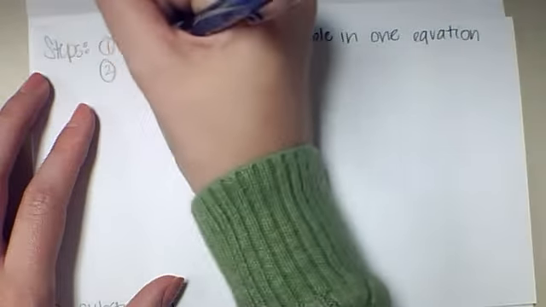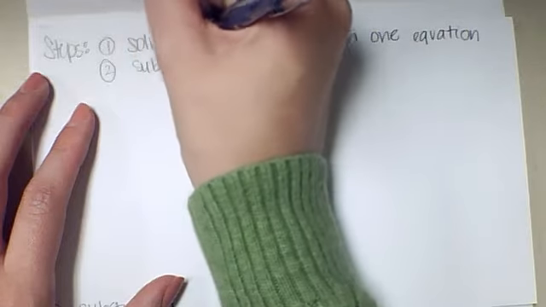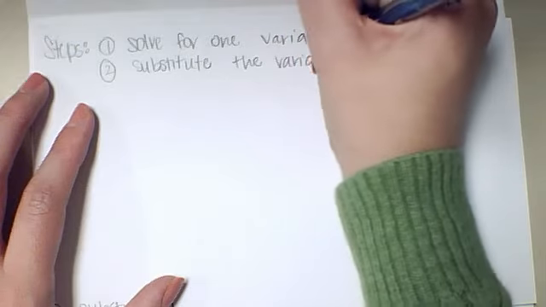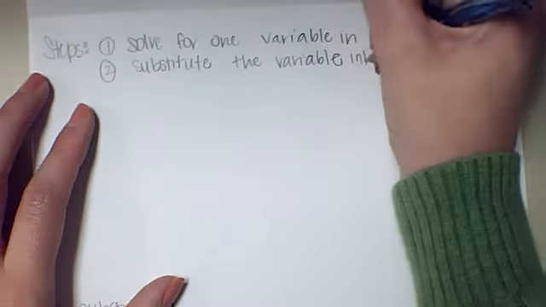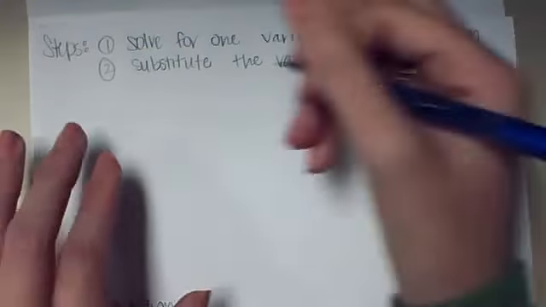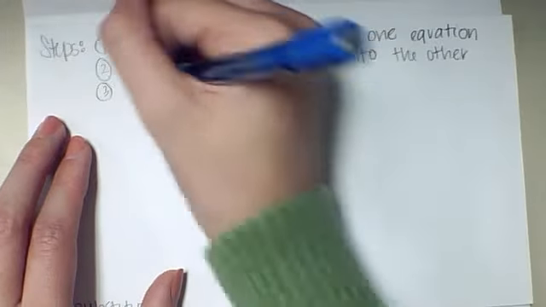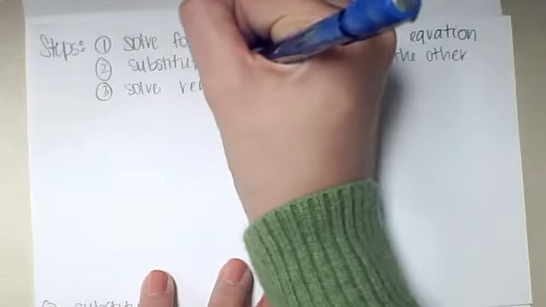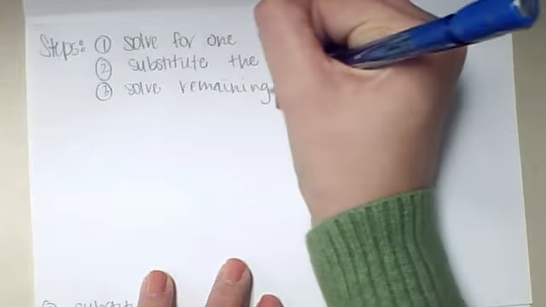Step number two is to substitute the variable, the one you just solved for, into the other equation. Step three is to solve the remaining variable.